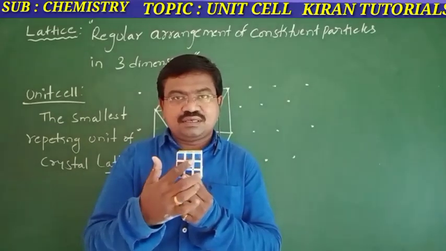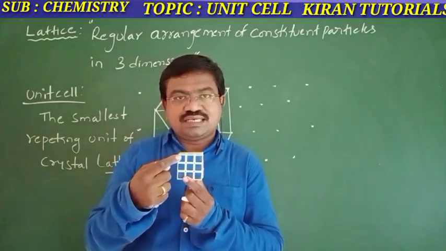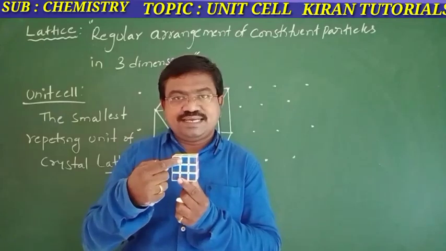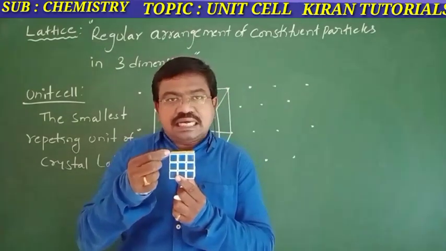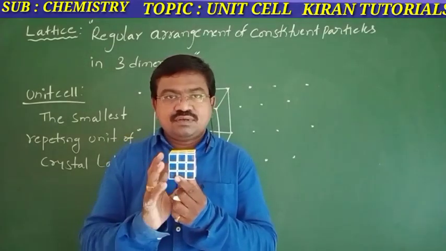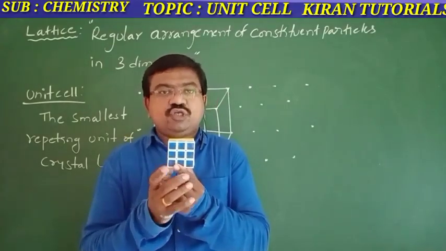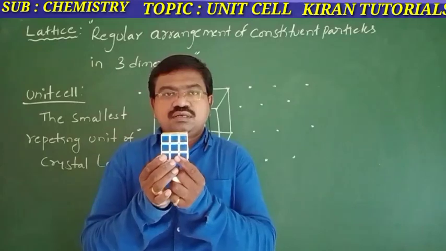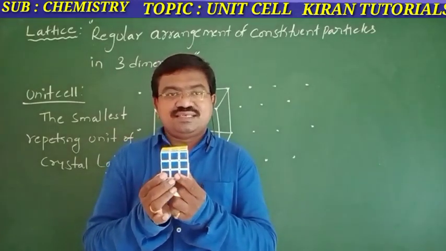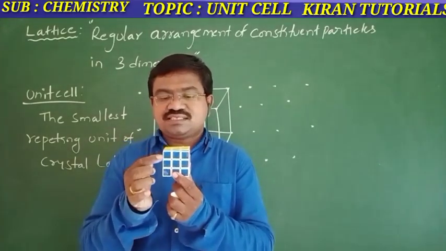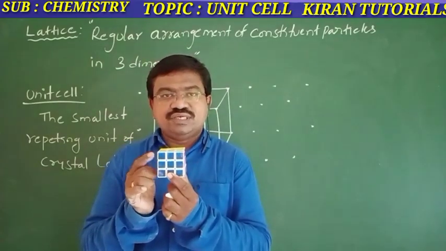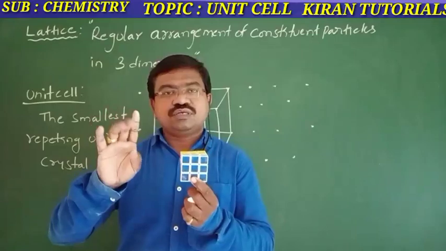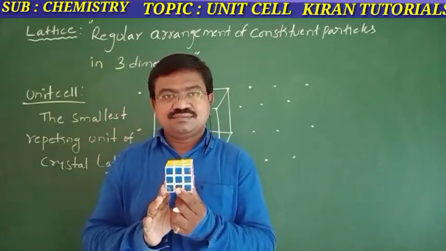The first one is called 1 unit cell, the second unit cell, the third unit cell. So the smallest repeating unit of the lattice is called a unit cell. Clear? That is about lattice and unit cell.